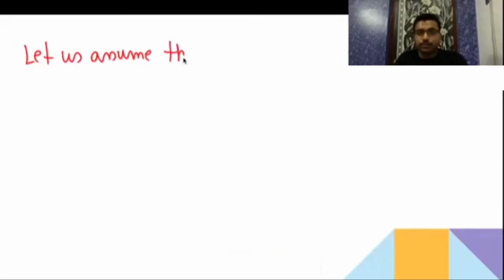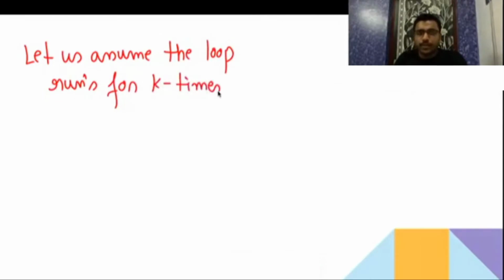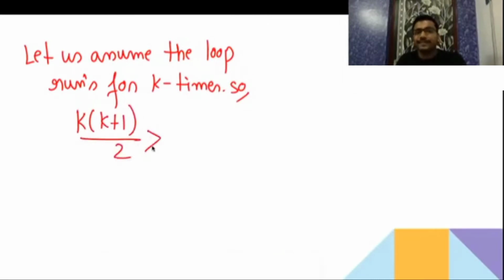So let us assume the loop runs for k times. If it is running for k times, then when k into k plus 1 by 2 becomes greater than n, it will go out of the loop. Then what is going to be the value of k?